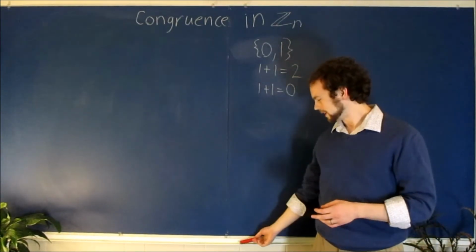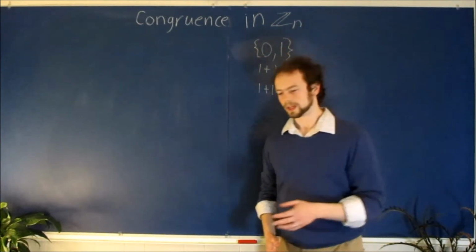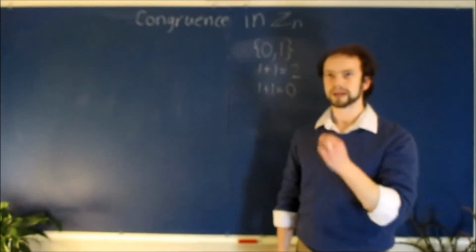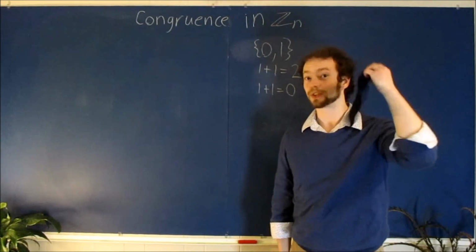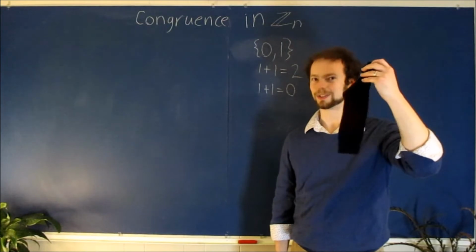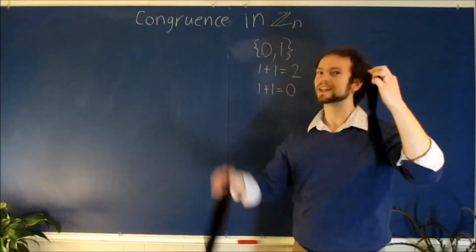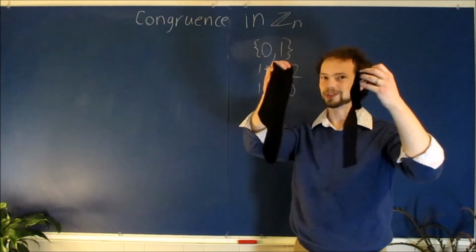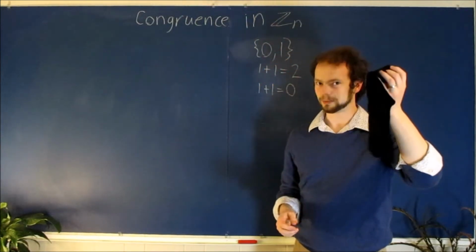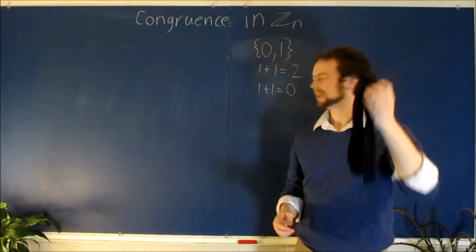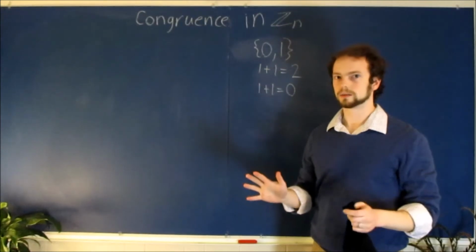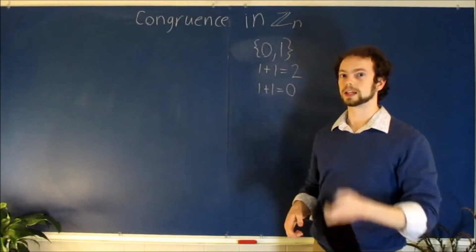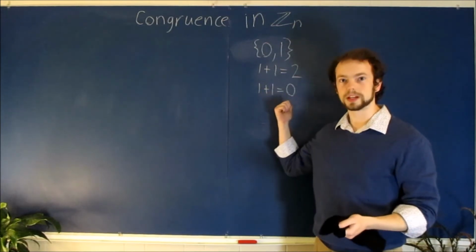Here is a very simple example. Suppose you want to find out how many unpaired socks you have. If I just have one sock, the answer is 1. I have one unpaired sock. But if I add another unpaired sock to it, all of a sudden I have 0 unpaired socks. So functionally, in terms of what we're interested in, namely unpaired socks, 1 plus 1 equals 0.